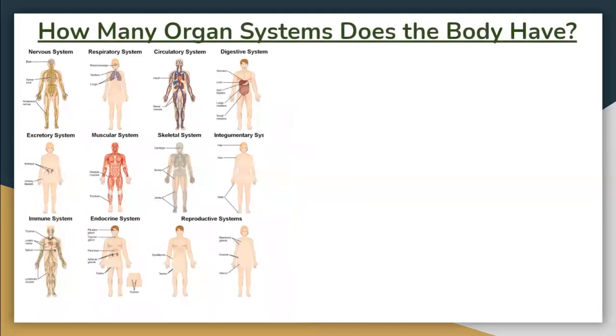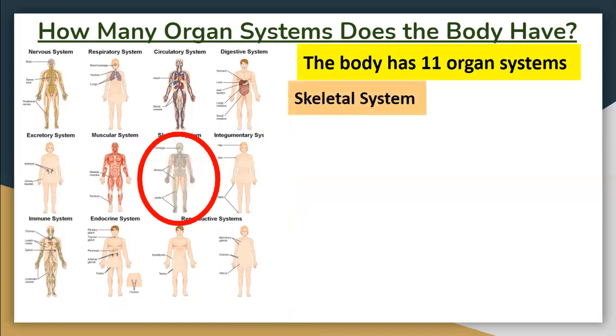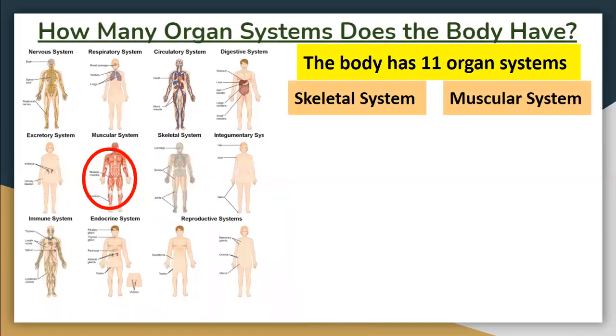How many organ systems does the body have? Well, count there, there's 11. There's the skeletal system. There's the muscular system, there it is.